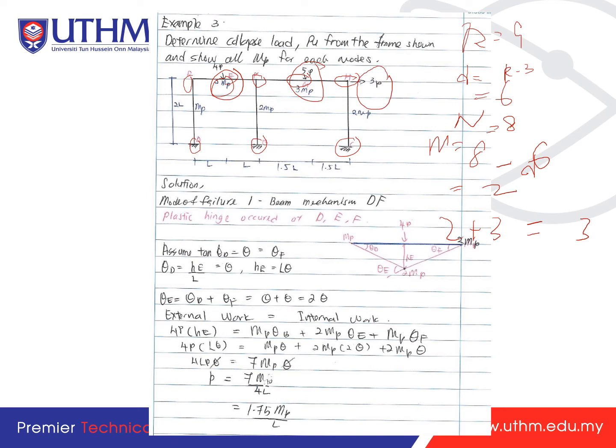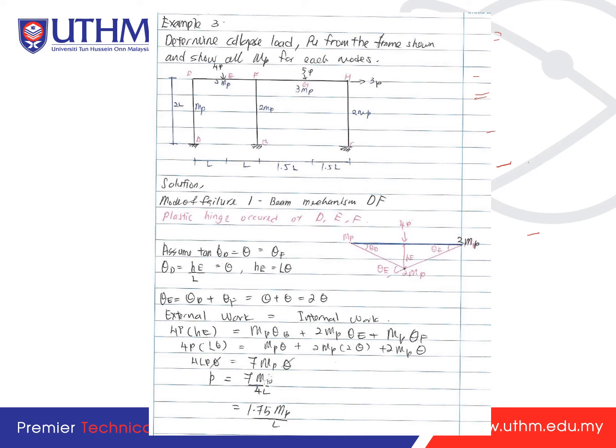Okay, so how can we calculate it? Okay, so because here you can see that the beam analysis, we will have to calculate one by one. So first we will calculate this part of mode of failure, the F1, and then followed by we will calculate the mode of failure 2, which is caused by the 5P, and then the third one, what we have to calculate?